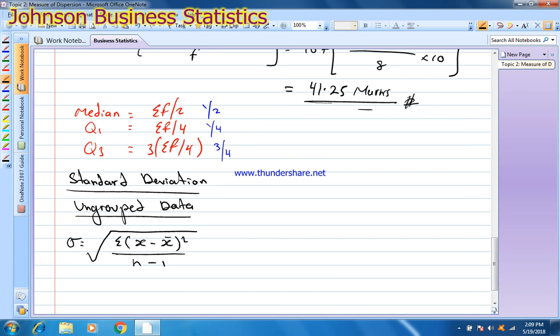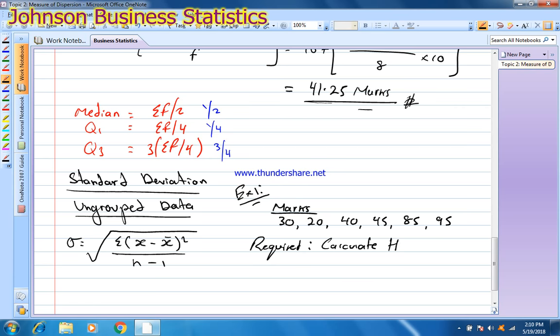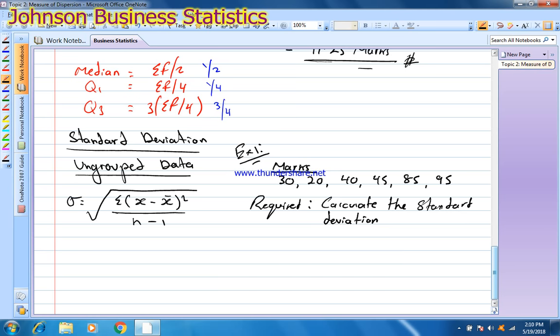Now this is the formula. Okay, now so this is ungrouped data.